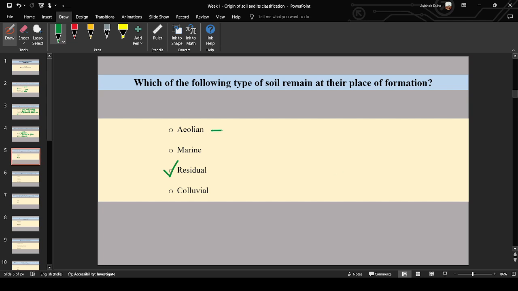Aeolian soil, I have mentioned. Aeolian soil are the soil which are transported by wind. Marine soil are the soil transported by sea. And colluvial soil are the type of soil transported by the action of gravity. For example, talus.